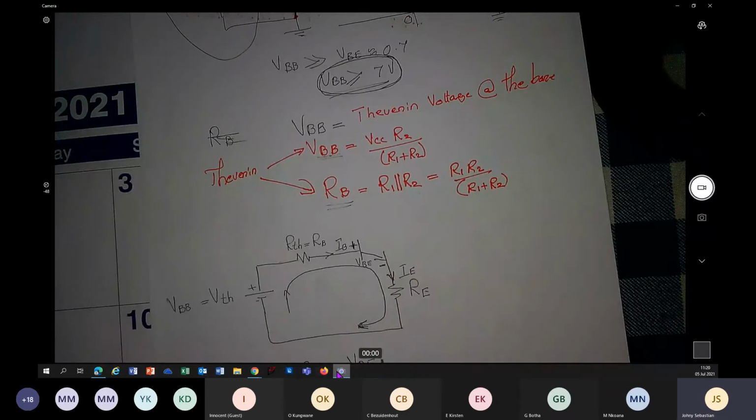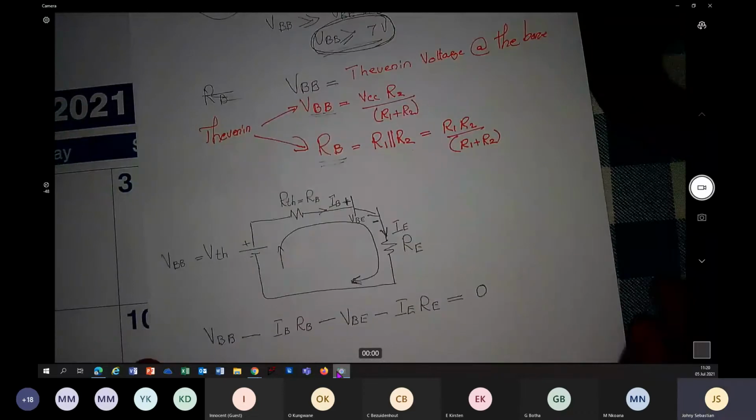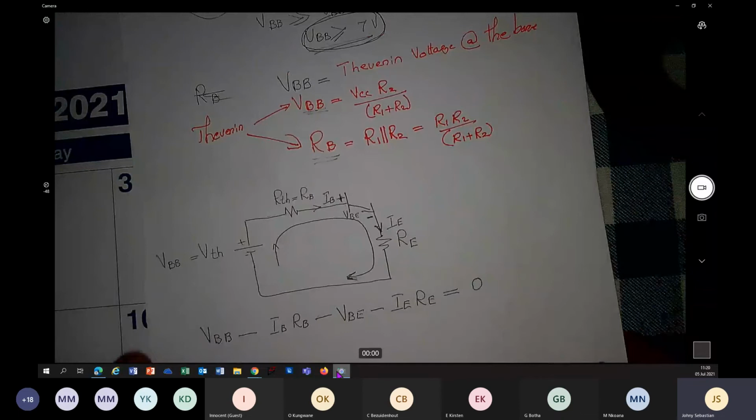So again, minus IE times RE. We complete the loop. There is no other component until the negative side, equal to what KVL says, the algebraic sum of all the voltage equal to 0.